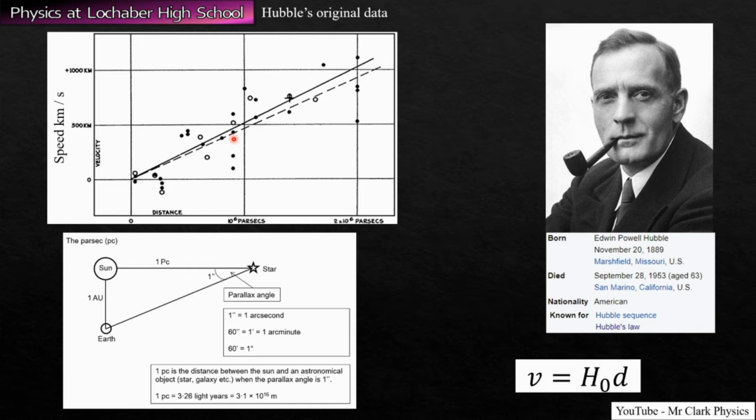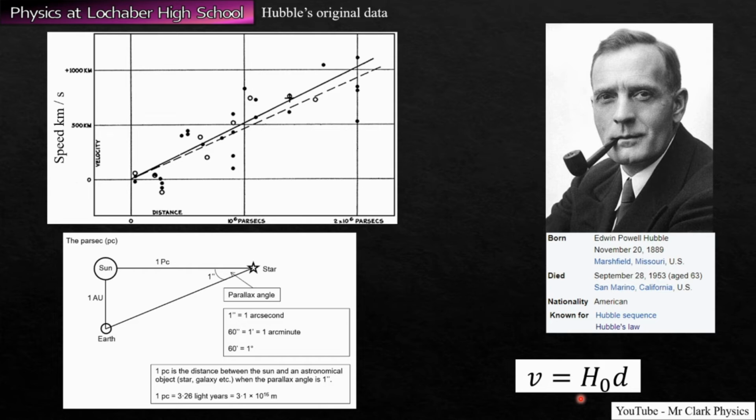And Hubble looked at this and he thought about it, and he came to a conclusion. It's not so much that everything's moving, it's the space in between us is growing bigger. And Hubble came up with this equation here. He says the recession speed of a galaxy, that's how fast it's travelling away, depends upon the distance, and it has this factor, this constant, which is now known as the Hubble constant.